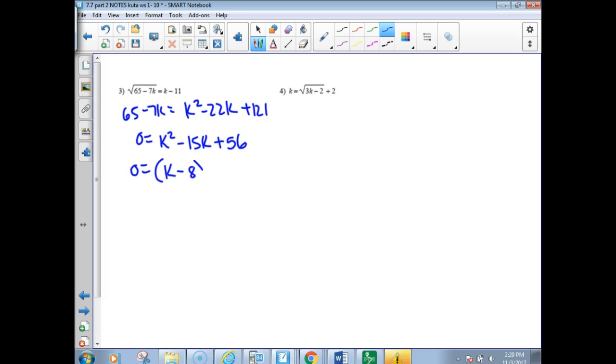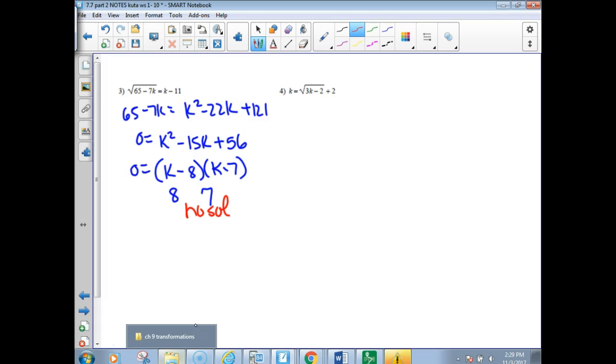K minus 8, k minus 7. So we're expecting 8 and 7, but I don't know if both of those work. If you put in 8, you're going to get a negative over here, right? If you put in 7, you're going to get a negative. So these don't even cross. So we should get no solution.